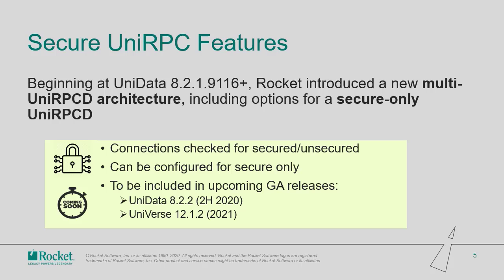Basically, your connections are checked to determine whether they're secure or not, and the server can be set up to now reject any unsecured connection attempts that come in, which is a major change from past behavior with the single UniRPCD architecture. As you see there, Unidata 8.2.2 and Universe 12.1.2 again are the major release versions this is coming in.